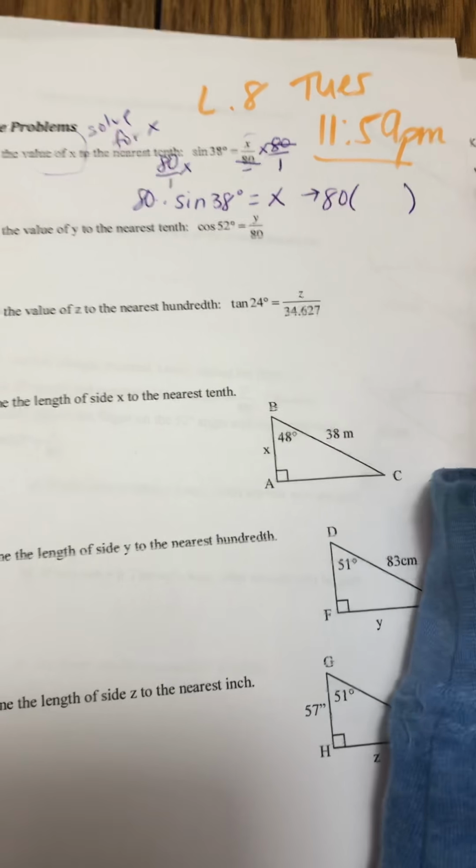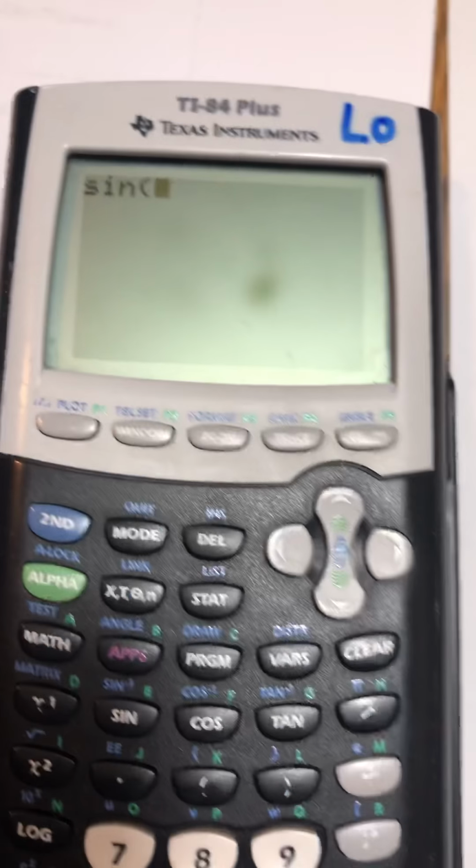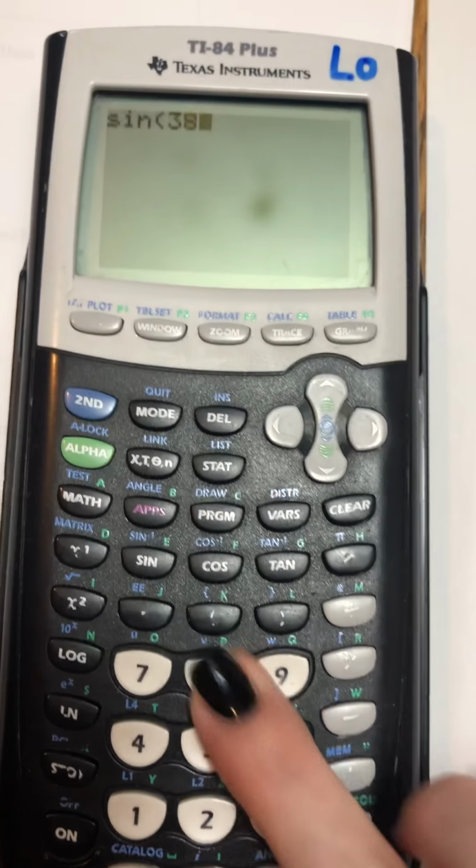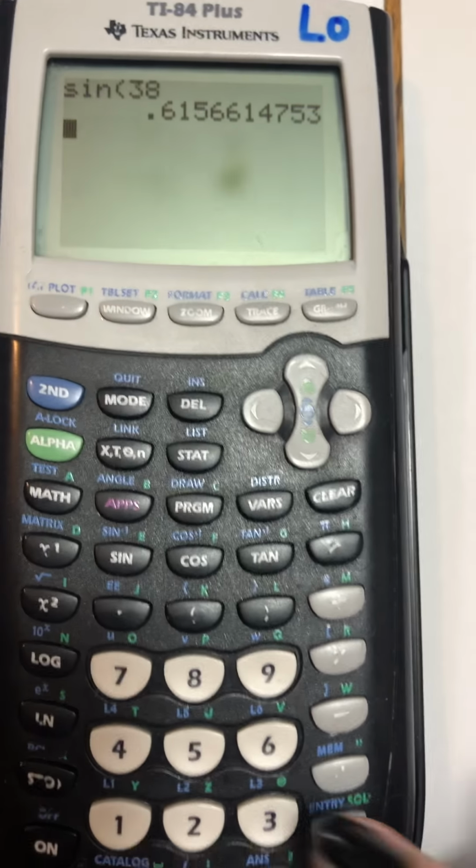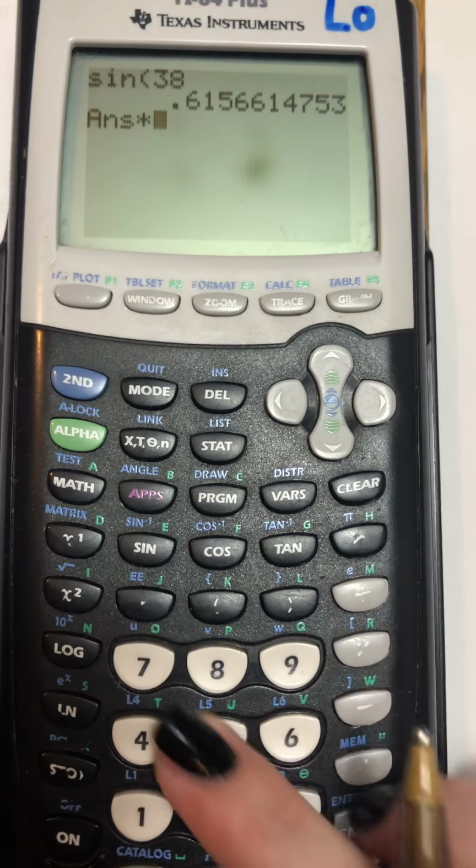Sine of 38 is 0.61566, and then we multiply that by 80.